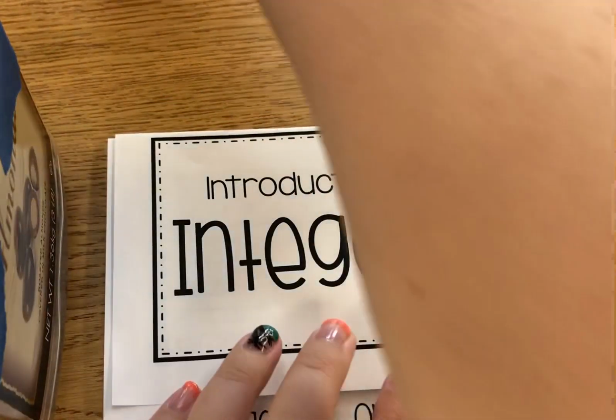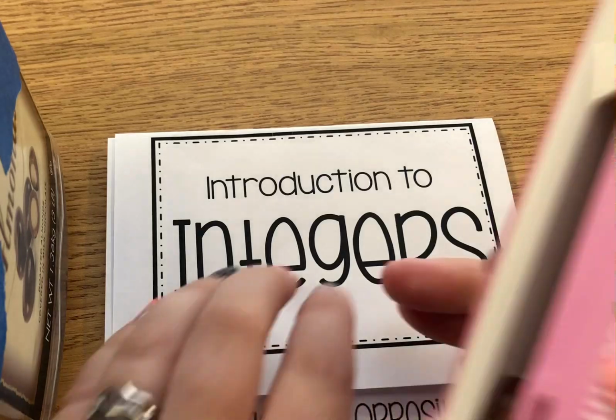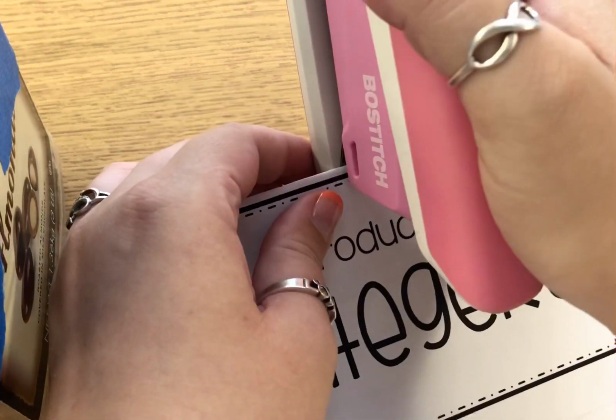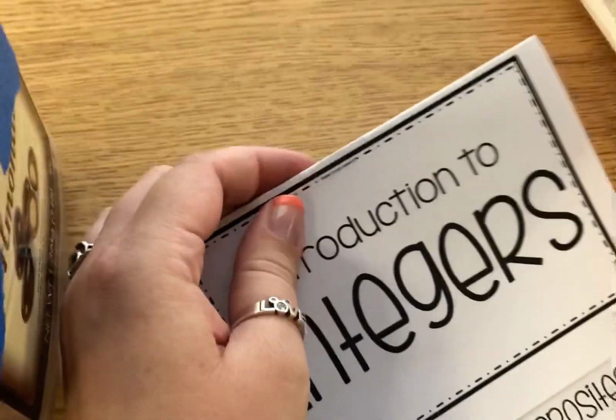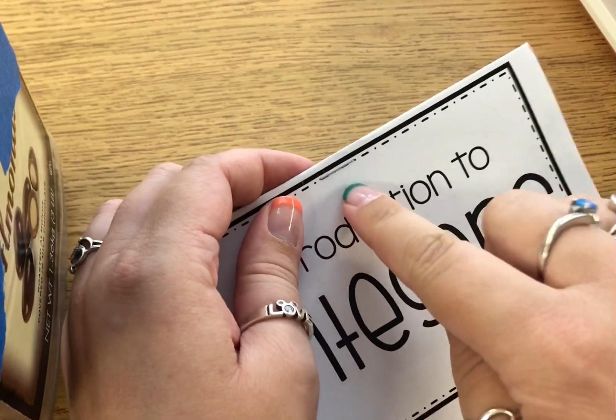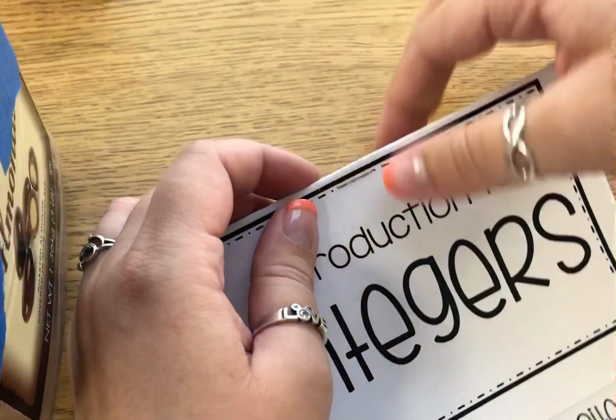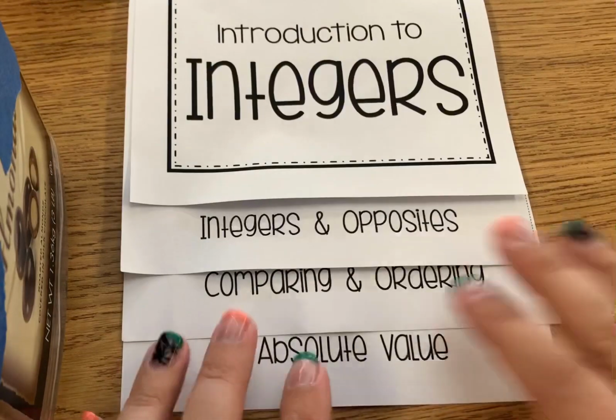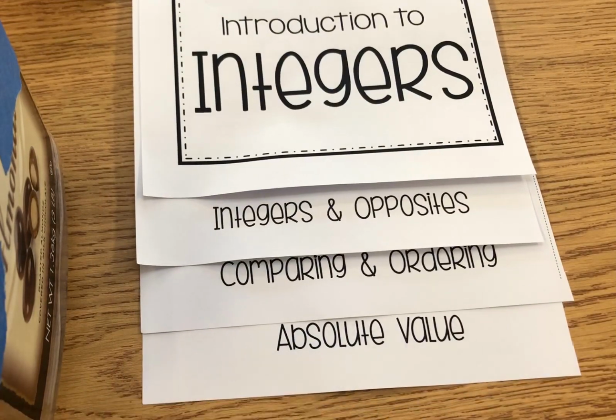Once you have it, it looks like this nice little neat booklet, and you just put one little staple at the top. Don't put it way far down because you're going to want to be able to write. So just put it a little bit close to the top so it keeps it all close together. And now you have this nice little booklet that we're going to go through.